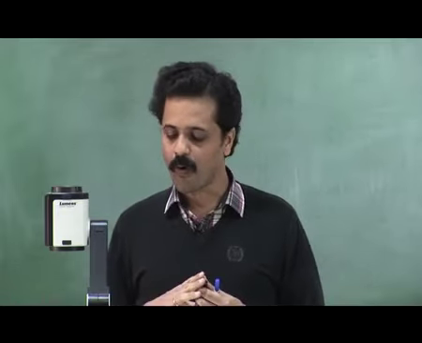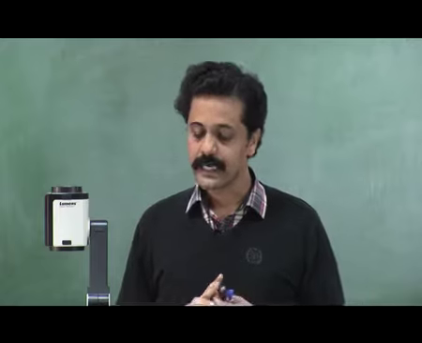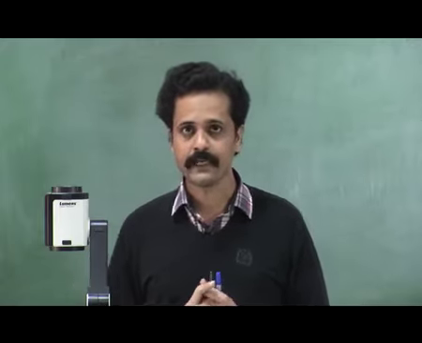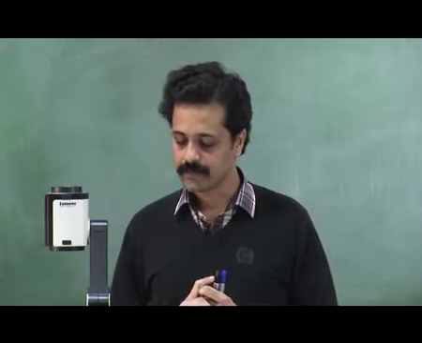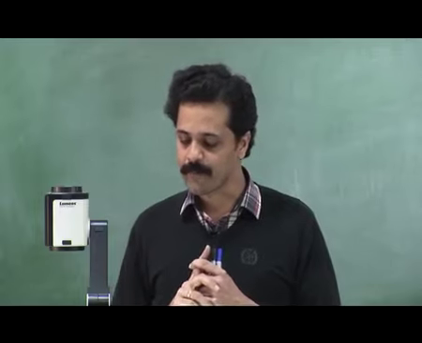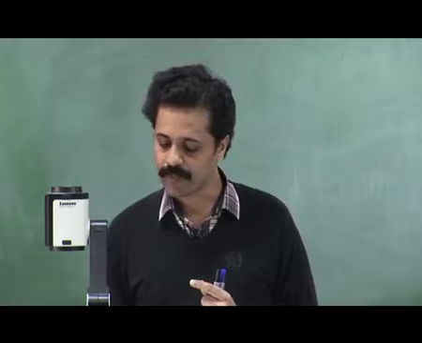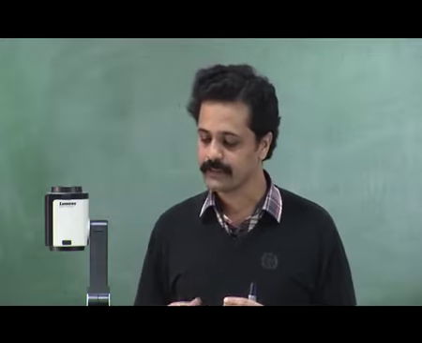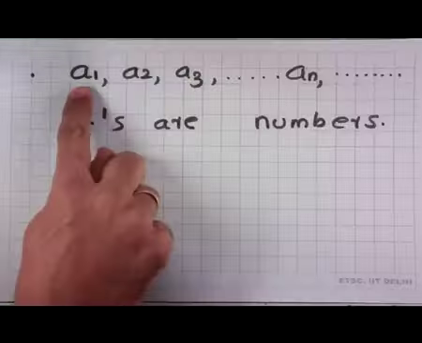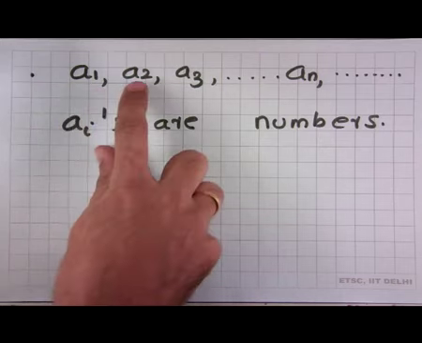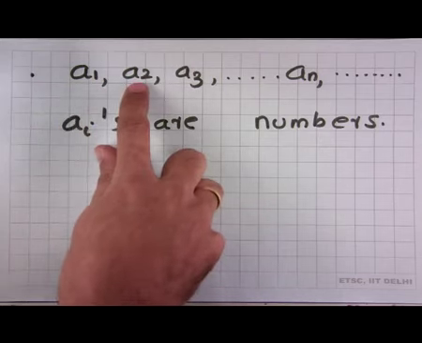When I say ordered, it should be borne in mind that the first member in the list of A1, A2, A3, so on, AN is A1. Second number in the list is A2.